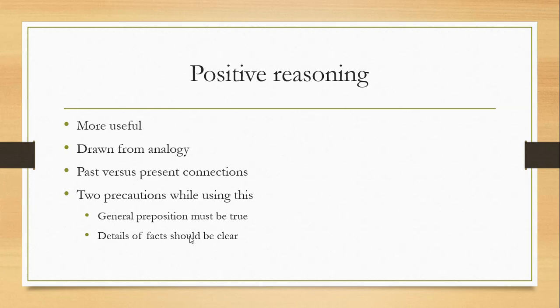You may not know all the details of 18th century ancestor worship, but by looking into 20th century ancestor worship, there may be some similarities, and you can try to fill up the gaps of 18th or 19th century ancestor worship, saying that this might have happened because even today this is happening. So positive reasoning can be employed only if you know the general proposition is true, you know all the facts about ancestral worship, and you are trying to connect one period to another period.